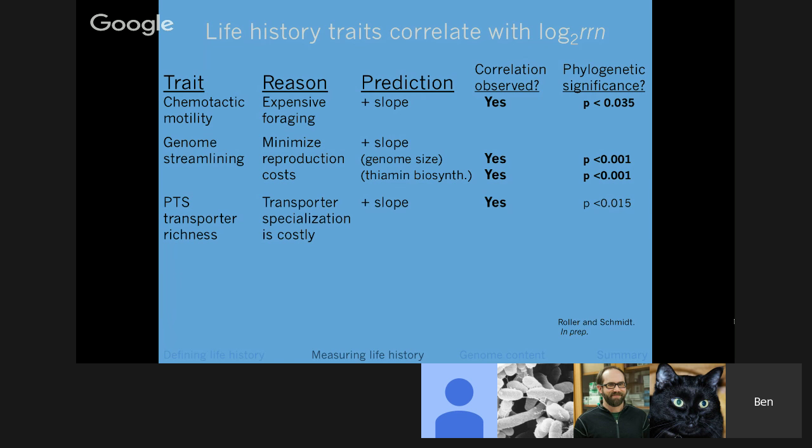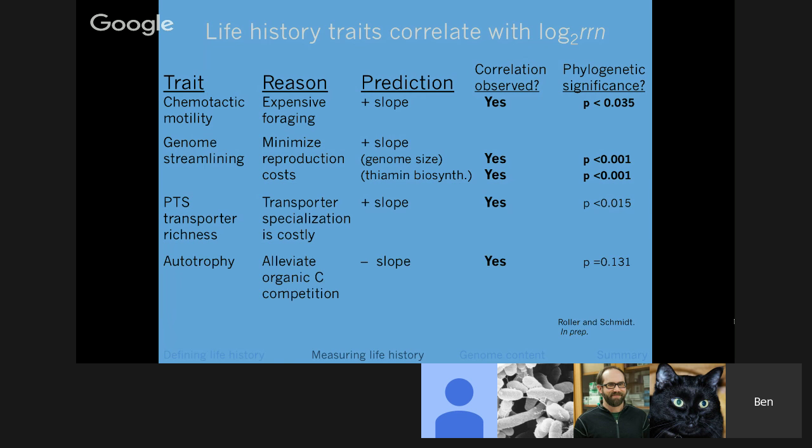So when we include phylogeny in the model, the signal is wiped away, and there's no effective difference, even though the p-value is significant, between genomes. So there's some evidence for the hypothesis, but it could be explained by phylogeny alone, or shared ancestry of this PTS transporter phenotype.